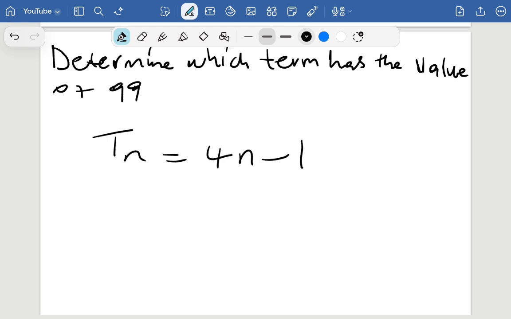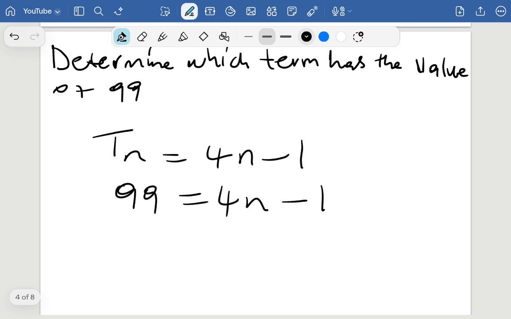Now, instead of Tn, we just apply 99 is equal to 4n minus 1. So in other words, we are solving for the value of n.